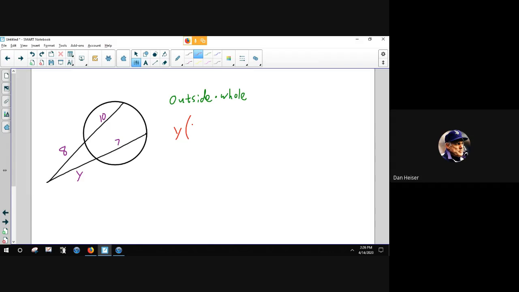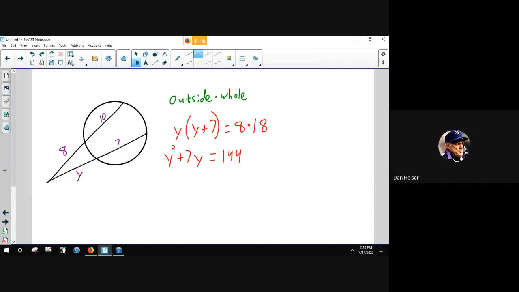Outside, whole thing. Now we distribute. We end up with y squared and a 7y on the left-hand side. Right-hand side, we get 144.